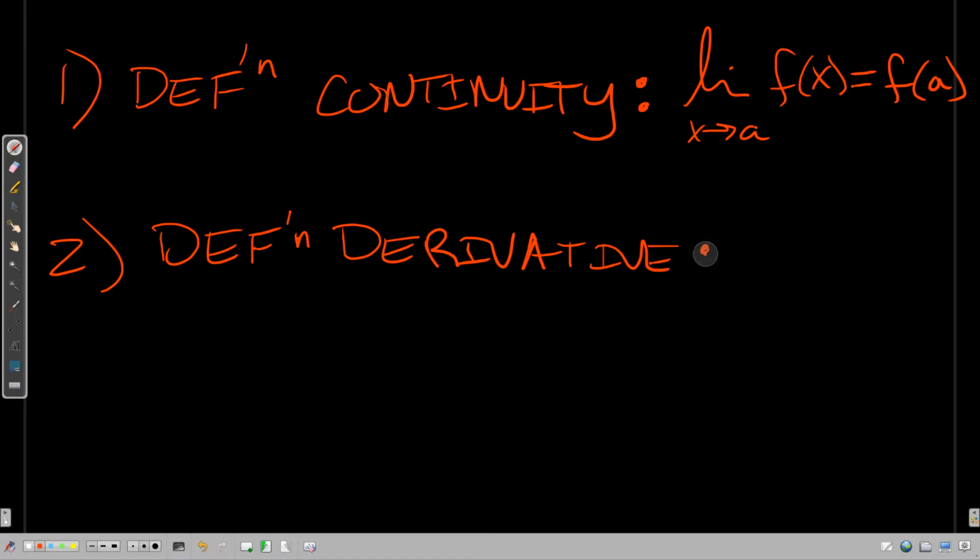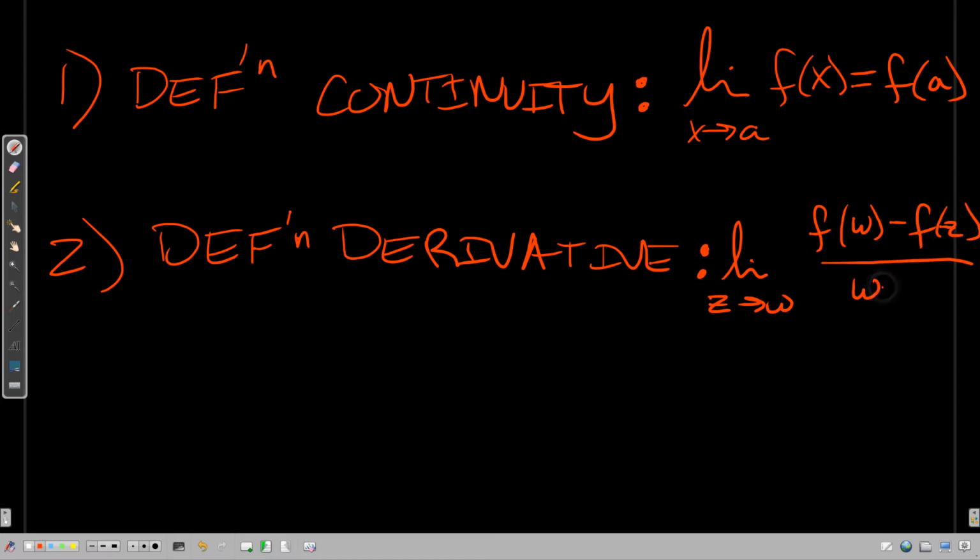And the definition of the derivative is the limit as z goes to w of f of w minus f of z over w minus z.